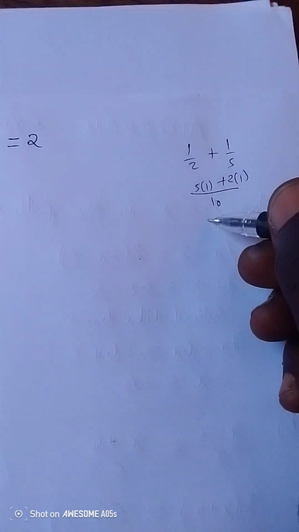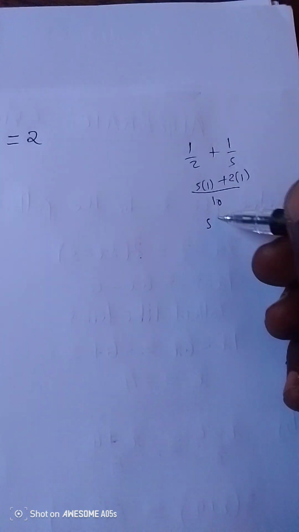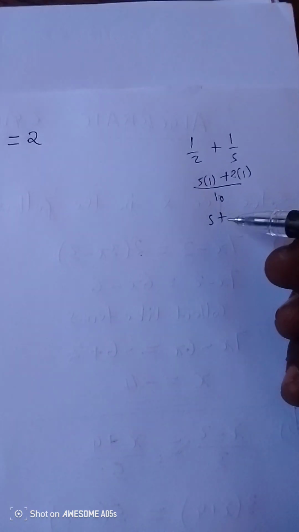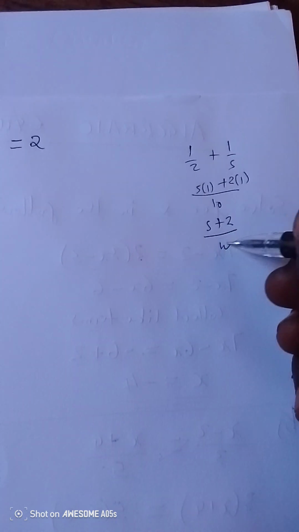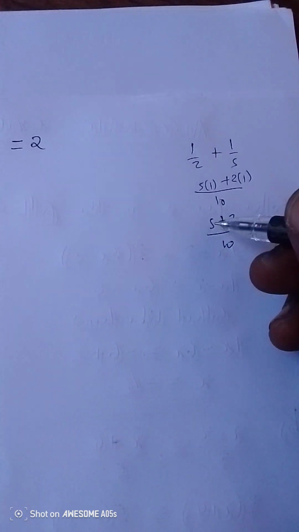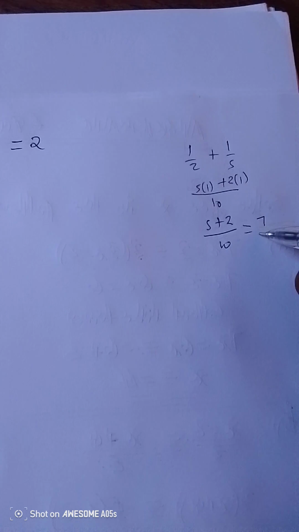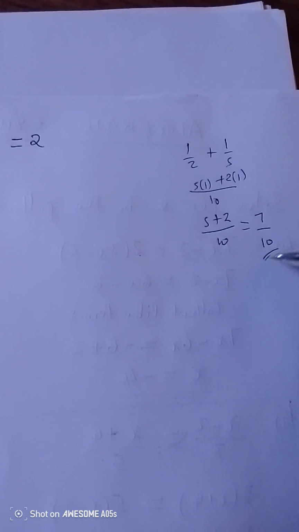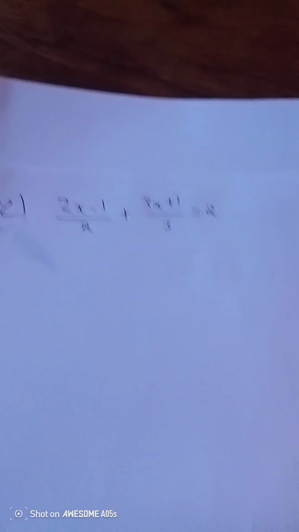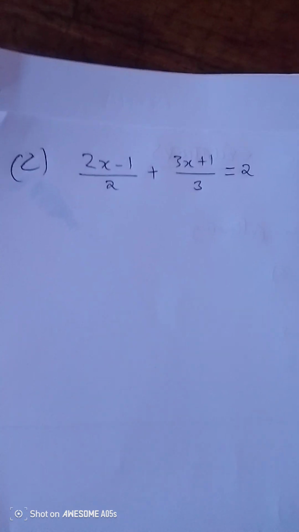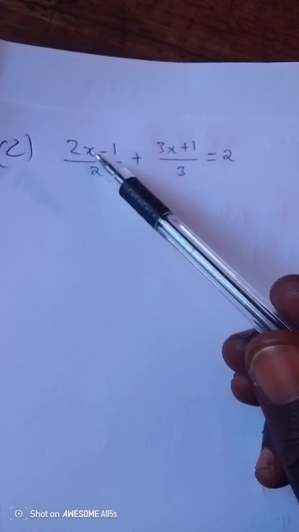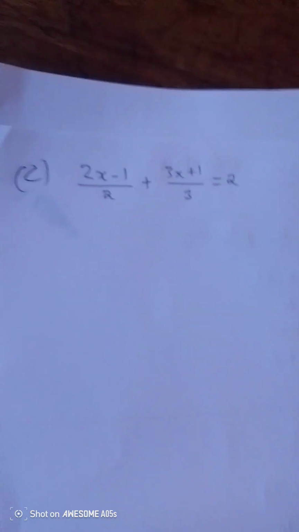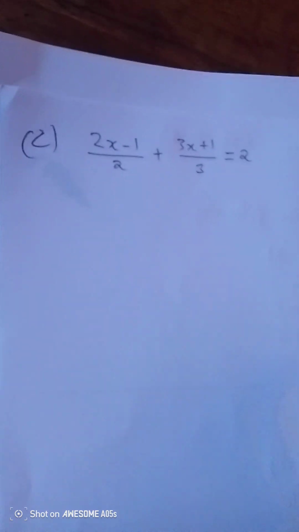Thereafter, 5 times 1, it's a 5, plus 2 times 1, it's a 2 over a 10. Then we add the top, we get a 7, over 10. So it's the same mathematics, only that this time around we have introduced what we are calling a variable, the letters, which is x. But the way we work it out is the same.